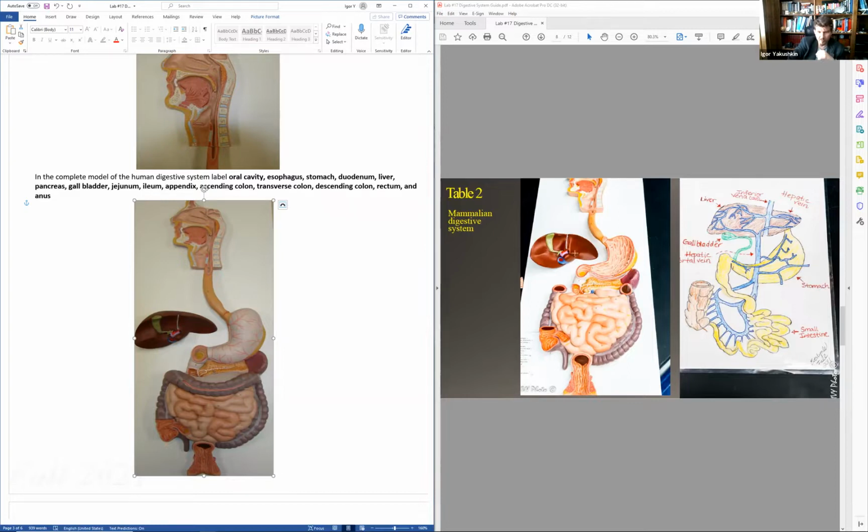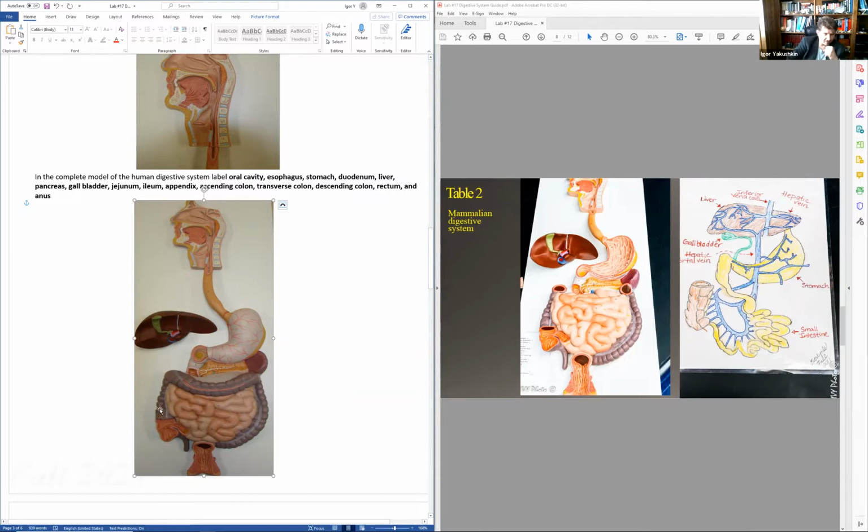It stores the bile and then ejects it into the duodenum, the beginning of the small intestine. Ileum, appendix. Now cecum. We have a large intestine, and this is where the small intestine is connected. That dead end of the large intestine is the cecum, and that finger-like projection is the appendix.